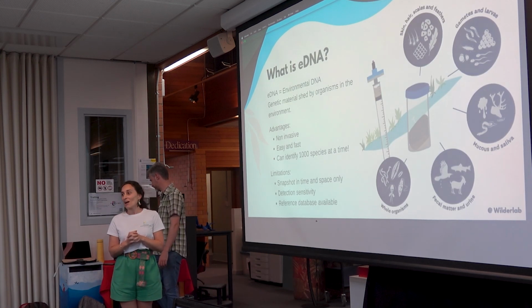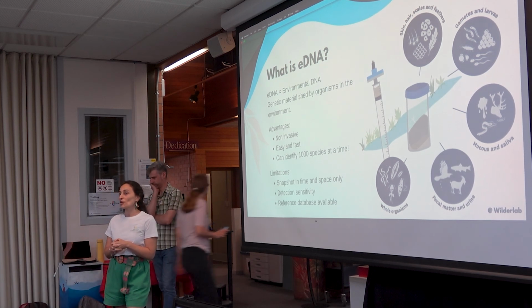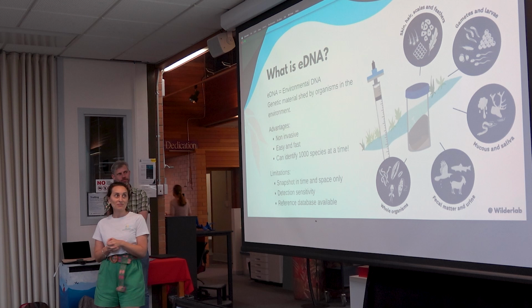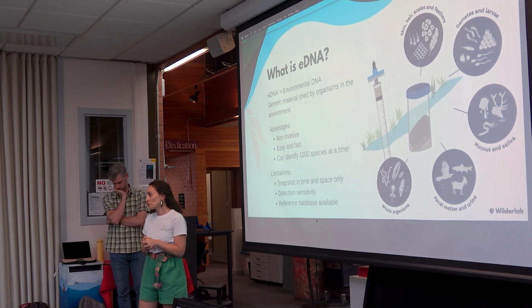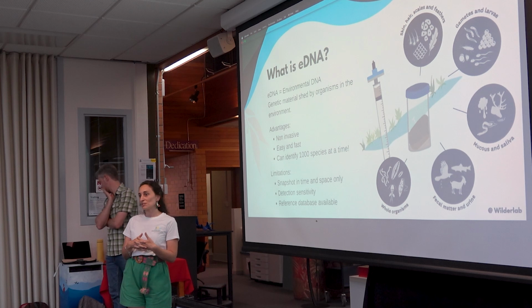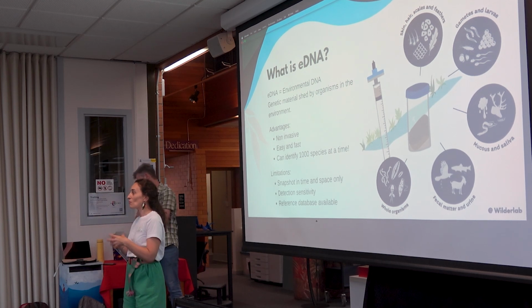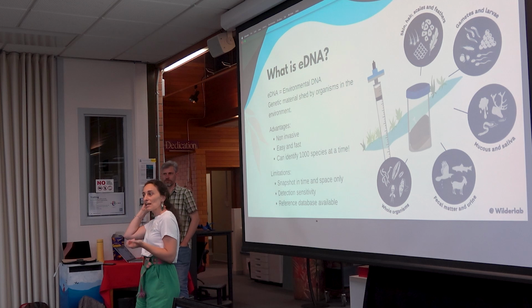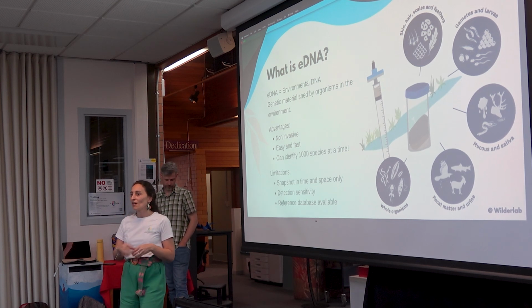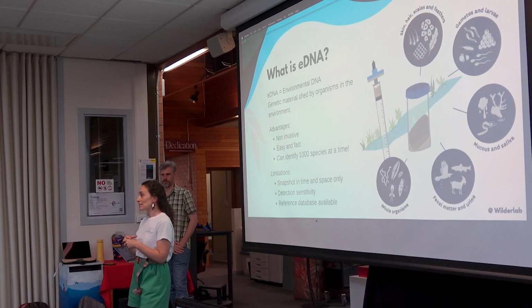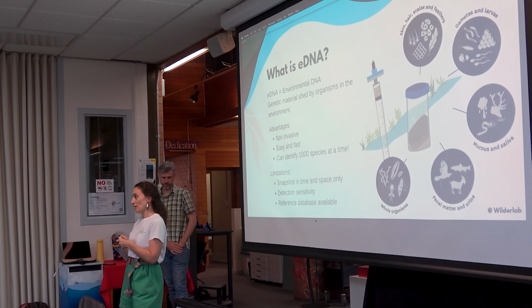So what this survey is, it's called an eDNA survey. So what is eDNA? eDNA means environmental DNA. It's all the genetic material that we can find in one spot in a specific environment. Like yourself, you might lose some hair or a bit of skin that contains genetic material. Animals and plants do the same in their environment.